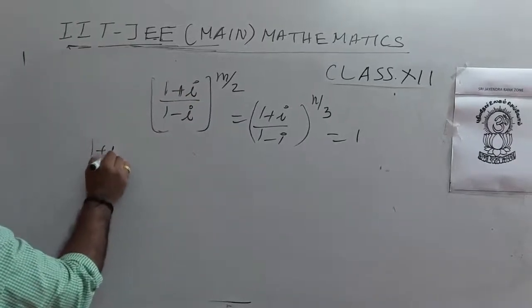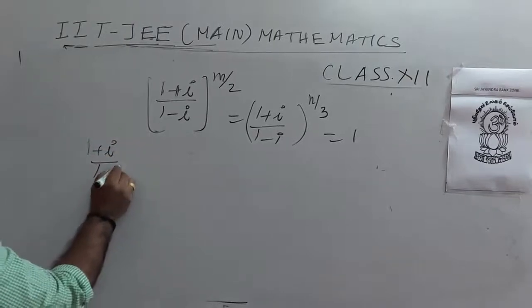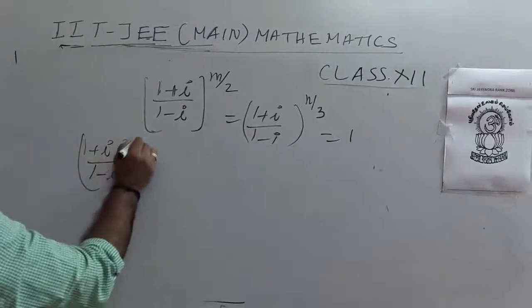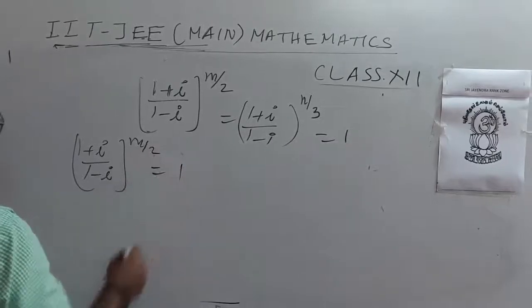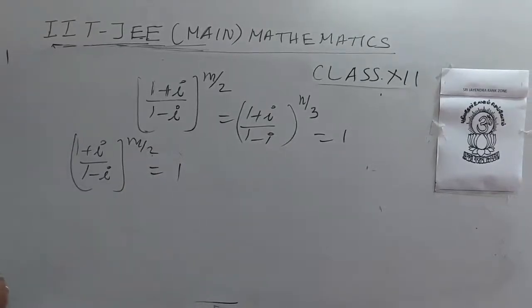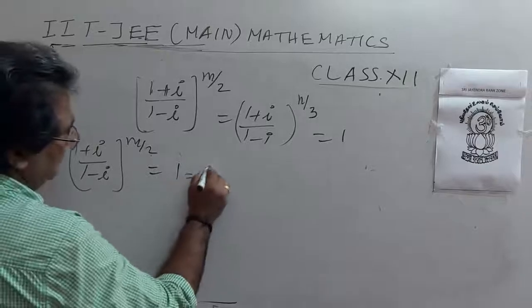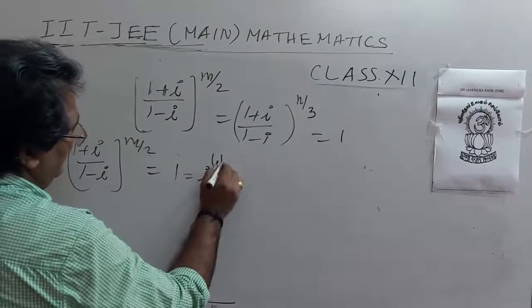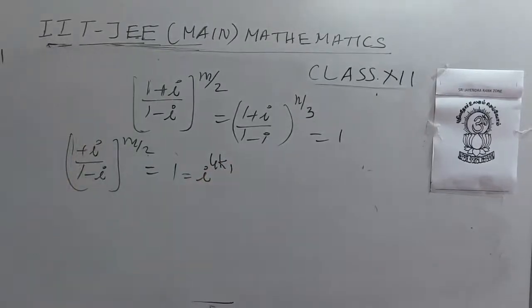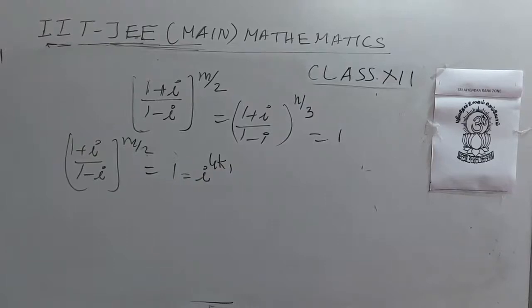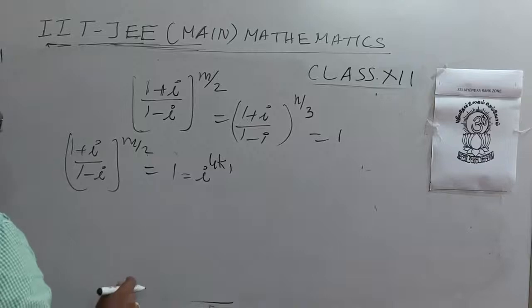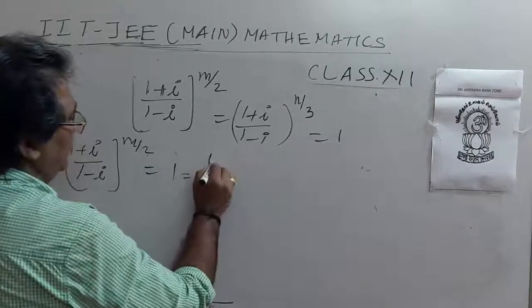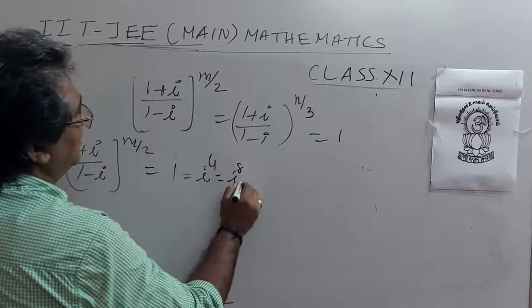((1 + i)/(1 − i)) whole power m by 2 equal to 1. I take i power 4k1. So this is equal to i power 4, i power 8.